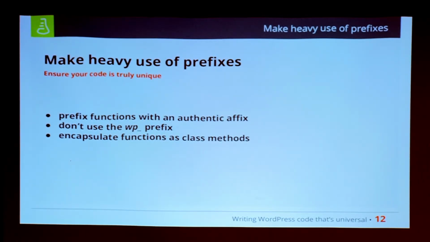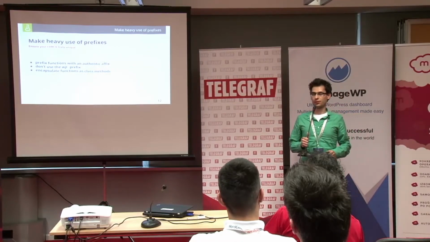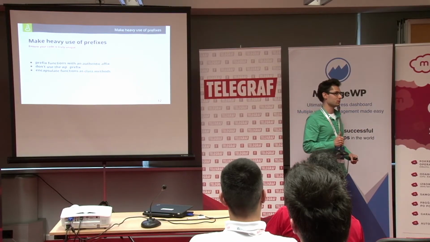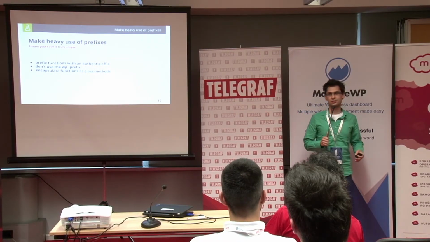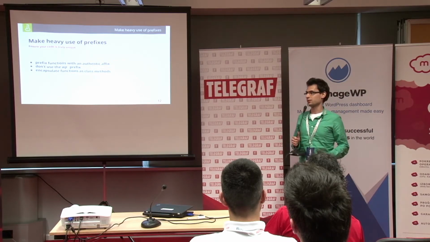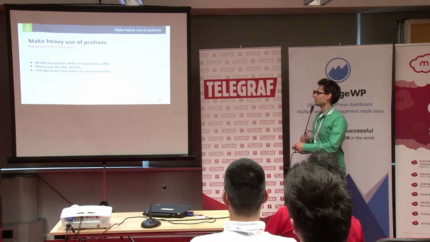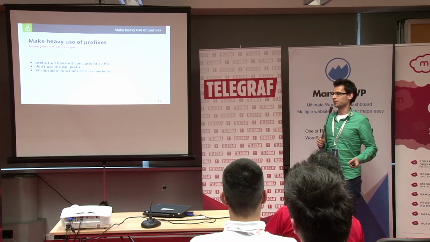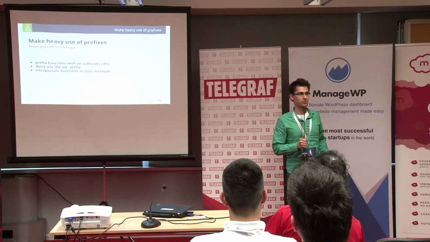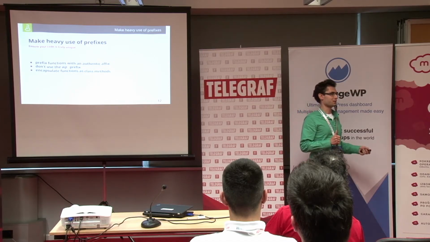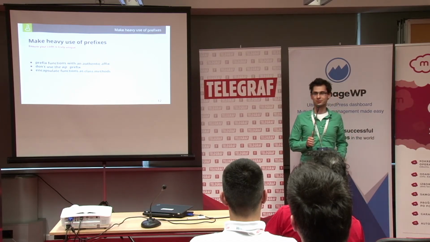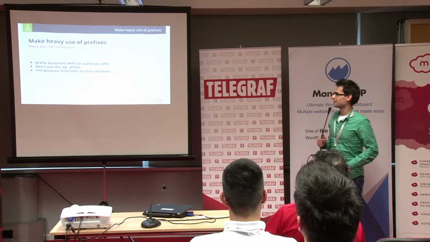So the recommendation would be that we use well-defined namespaces and unique prefixes in order to make sure that our functions and our classes are really unique in the way they are named, and also to avoid wp underscore, because you never know if the function that you've implemented will actually get to be replicated within the WordPress core somewhere in the future.